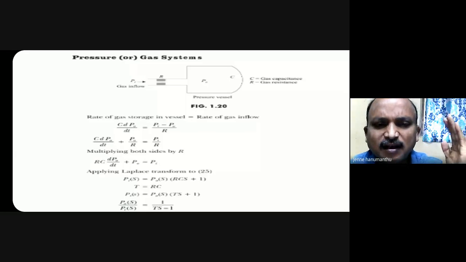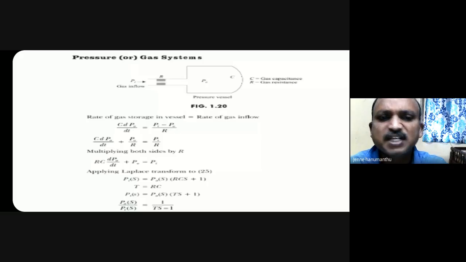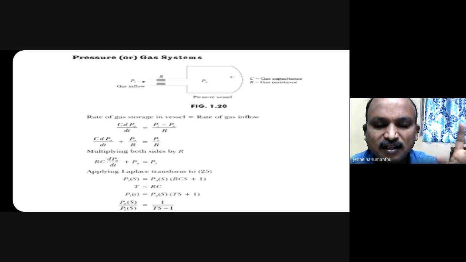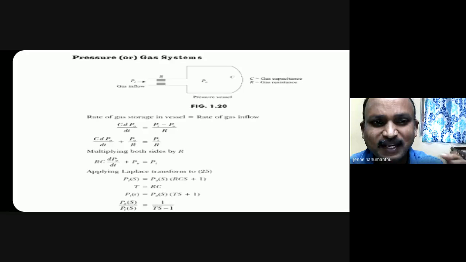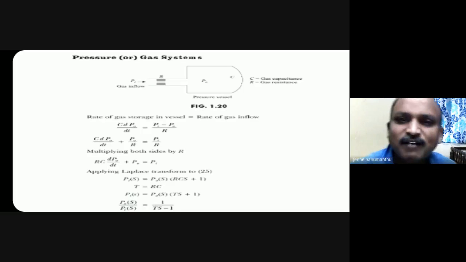So what is there in this system? In the liquid systems, liquid is provided in the tank. In the thermal system, of course, liquid is provided, but the major element is the heater. In the thermal system, the heat element is provided with the help of steam input. But in the gas system, you tell me what is a gas system?